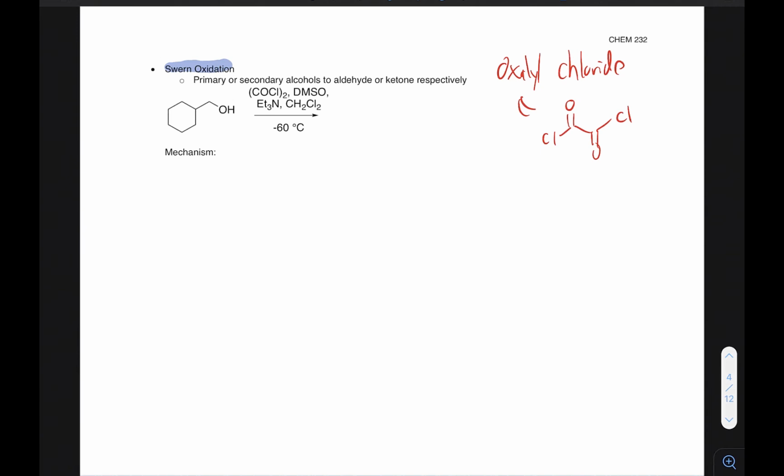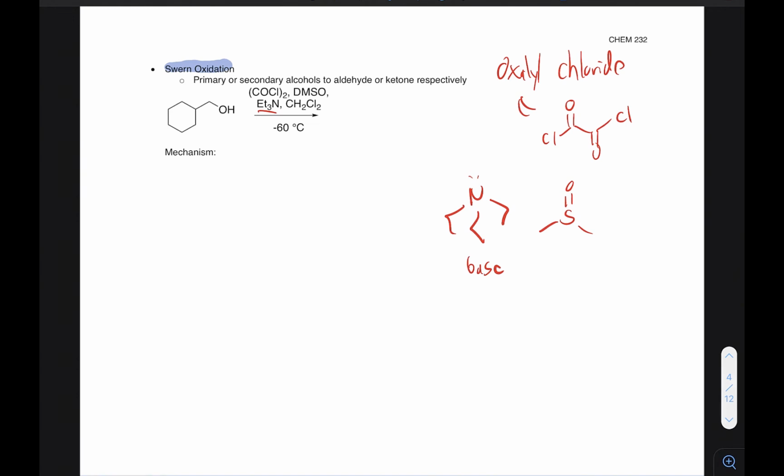We have DMSO, which we've seen before, particularly in these SN2 reactions. We have Et3N, which is just three ethyl groups on a nitrogen. This is our base, and we have an inert solvent.